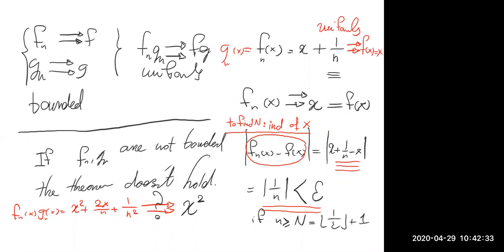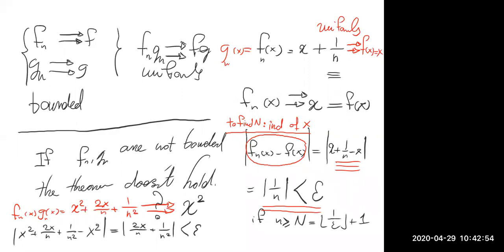Now let's see if this convergence is uniform or not. So let's look at FnGn minus FG. It's going to be x squared plus 2x over n plus 1 over n squared minus x squared. This difference is equal to 2x over n plus 1 over n squared.